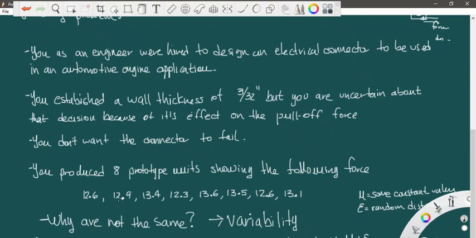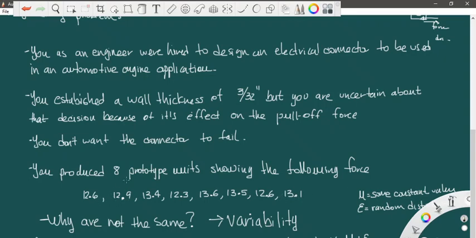Then the second sample is 12.9. The third is 13.4. The fourth is 12.3. The fifth is 13.6, then 13.5, 12.6, and 13.1.